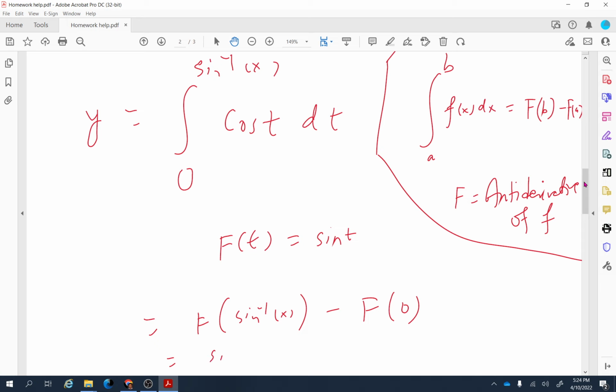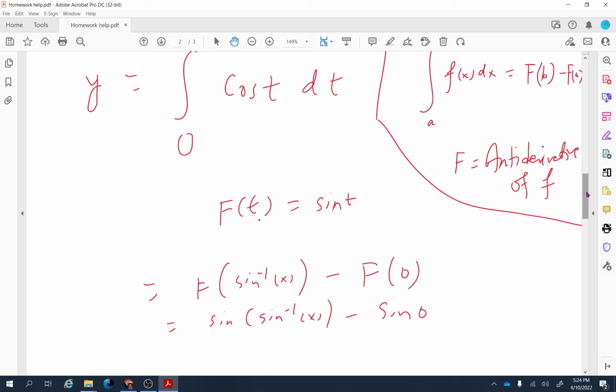That will be sine of sine inverse of x minus sine of 0. If you compose an inverse and its function, that will give you x only, and sine 0 is 0, so eventually y is x.